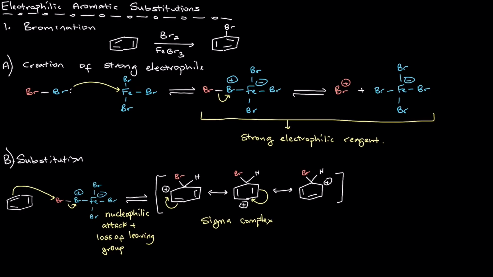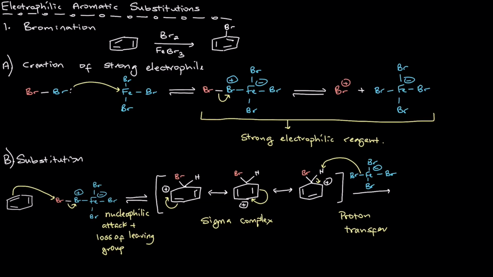But once you do form this, you then can have your base in the solution deprotonate that sigma complex to restore aromaticity. And the base in this particular flask is your FeBr4 minus. Notice that the arrows start from the bond between the iron and the bromine. The bromine is going to leave the iron complex and be used as a base.